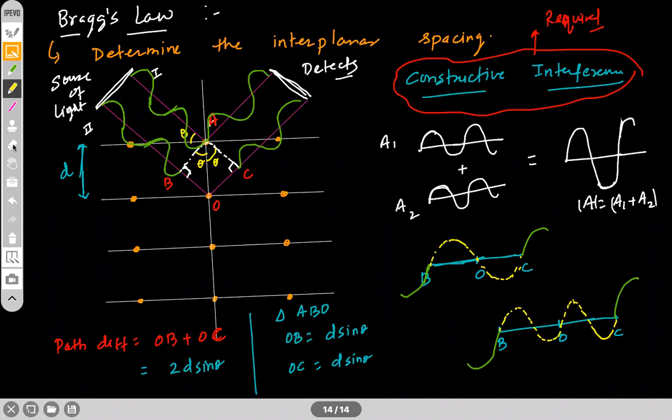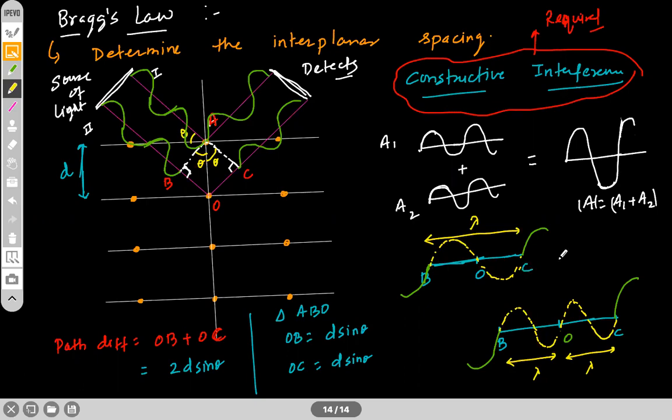This should also come down a little bit. So you see here, this distance is one wavelength lambda, this distance is again lambda, and from here to here, again lambda.